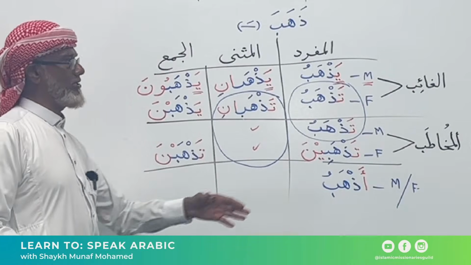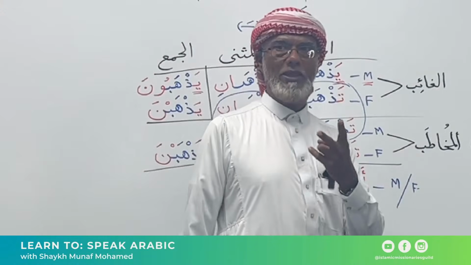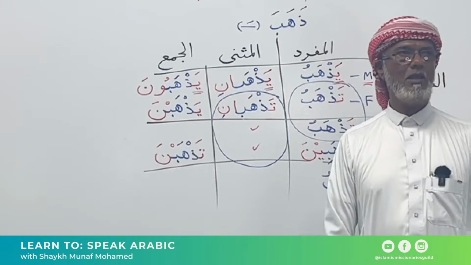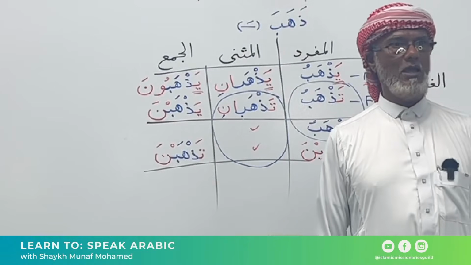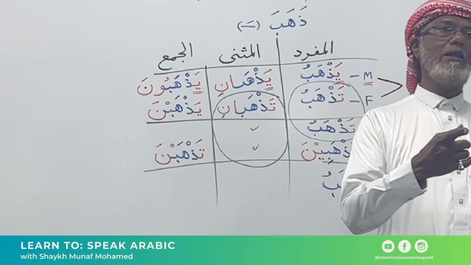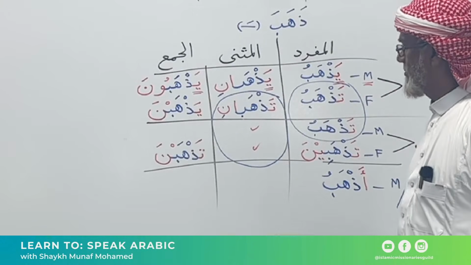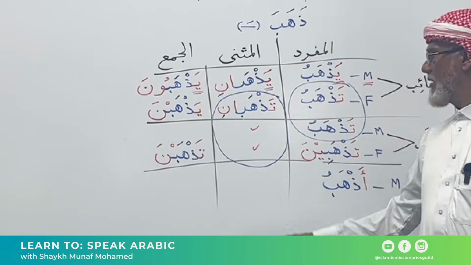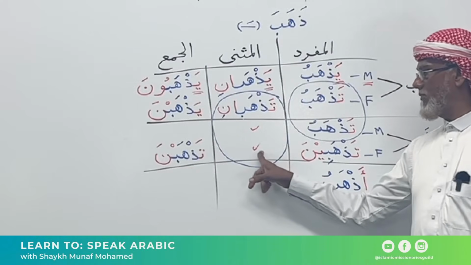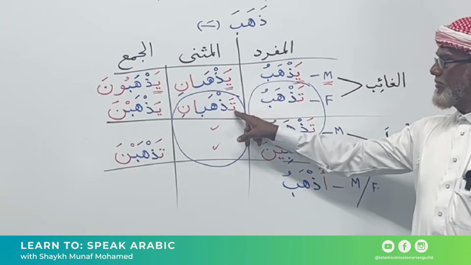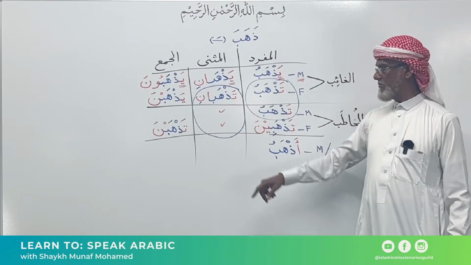If you're addressing two people, two males, you will say tadhhabani. All right? هل تذهبان إلى المدرسة? Are you going to school? If you're talking to two females, it's the same thing: تذهبان. So basically, the three of them are the same.